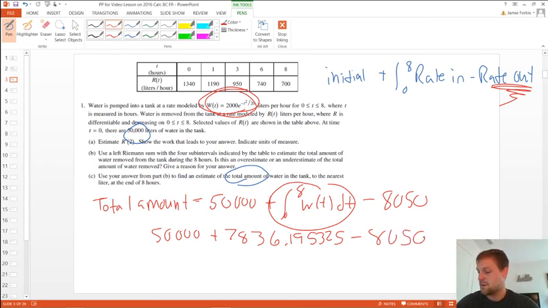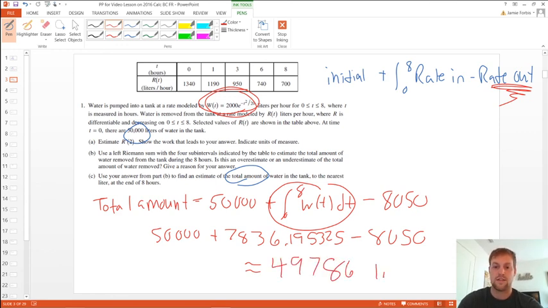Combining those three numbers together, you get approximately 49,786 liters, because it did want you to round to the nearest liter. All right. Not too bad once you know what it's asking. Total amount is initial plus the integral of rate in minus rate out.